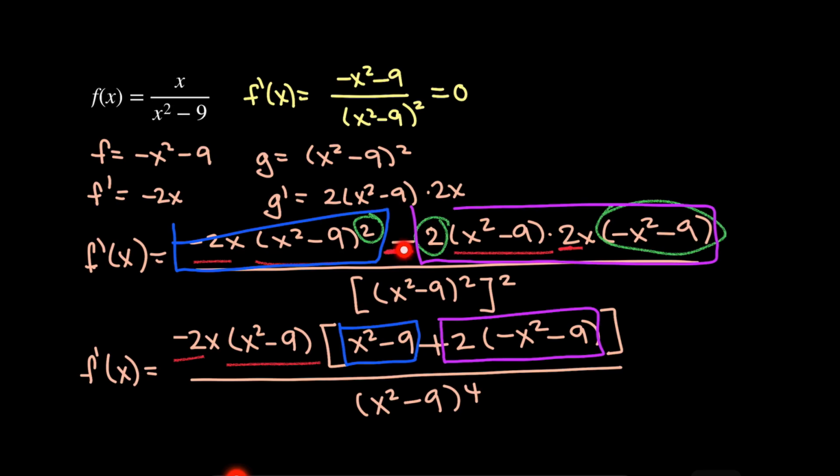That means this minus here is going to become a plus. I'm left with this 2 in front. I haven't taken that out. I took out the x squared minus 9. I took out the 2x. I'm left with a -x squared minus 9. So I have factored the numerator. And then in the denominator, 2 times 2 is 4. So I can write that as x squared minus 9 to the 4th.